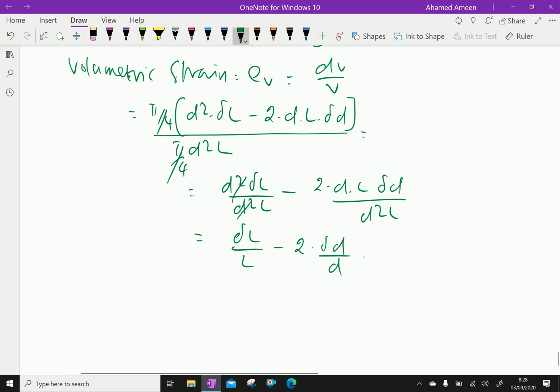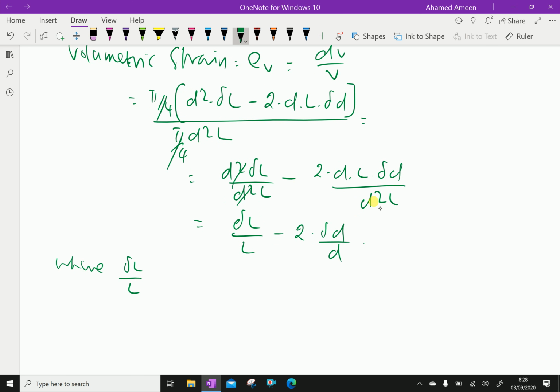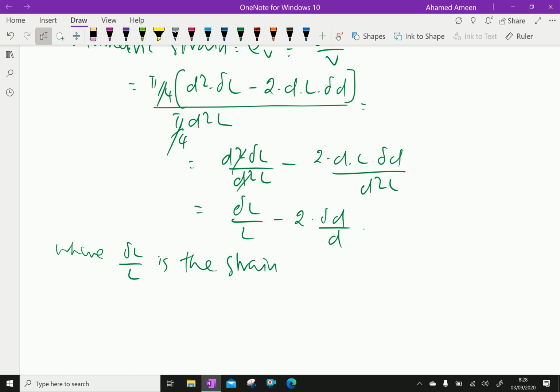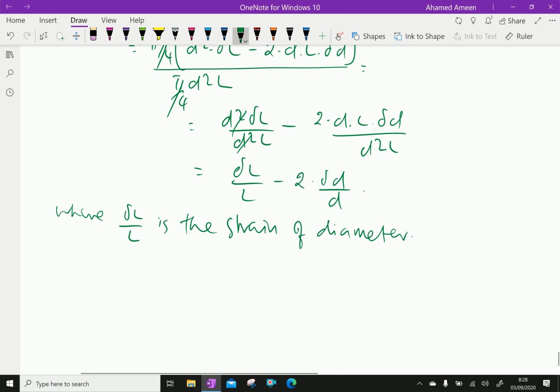Here delta L by L is the strain in length, and delta d over d is the strain in diameter.